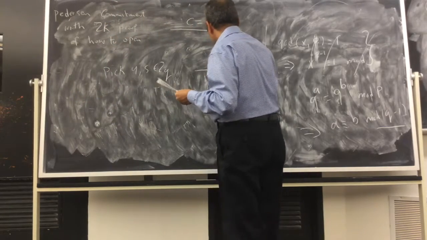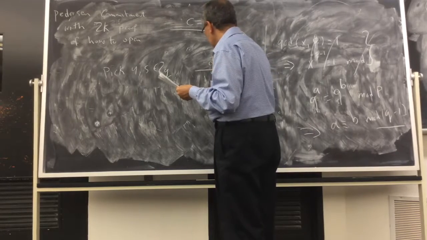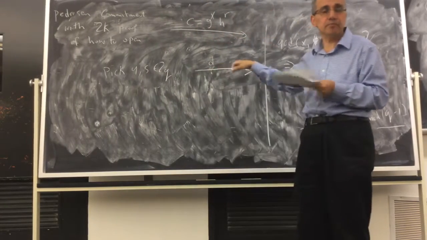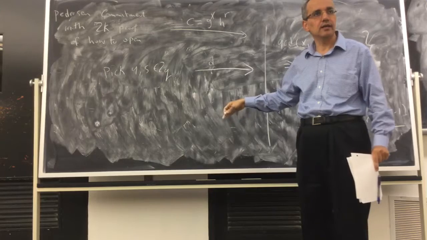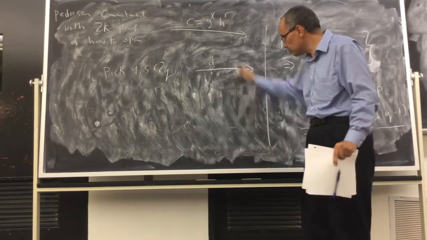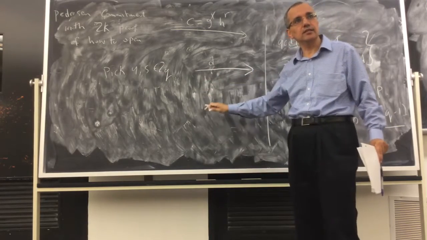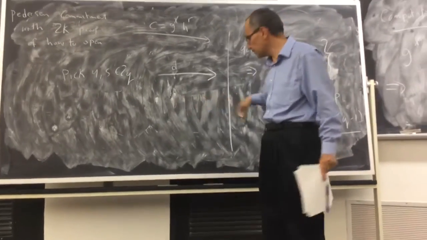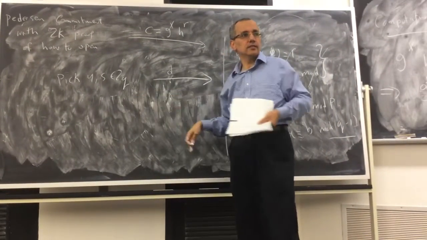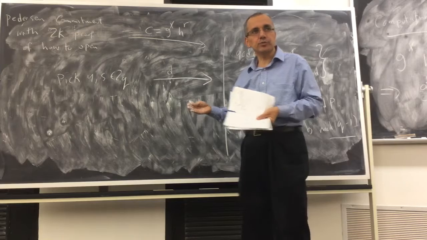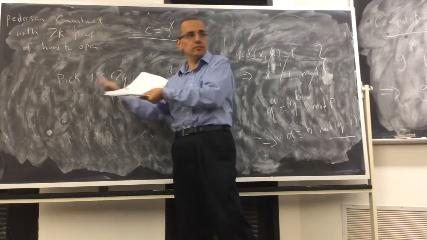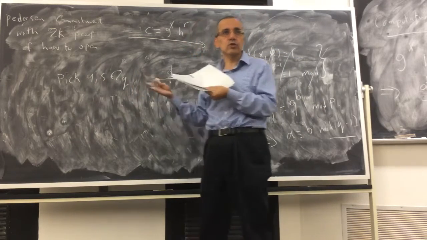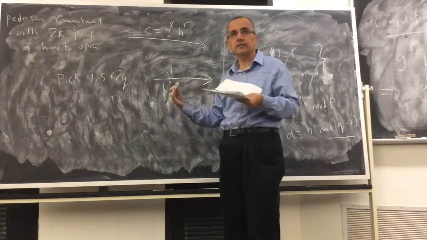Then I'm going to send d. Do you expect this to be happening in one step? No, this part is going to be a zero knowledge proof actually. So you would expect that this guy must send some challenge. You cannot just have a zero knowledge proof where this side is just sending everything. All zero knowledge proofs we have seen have this interaction.